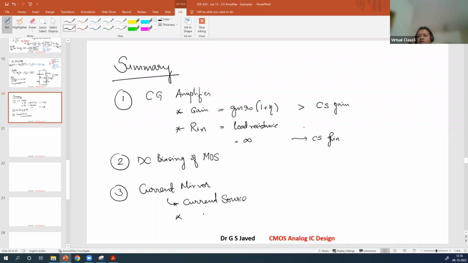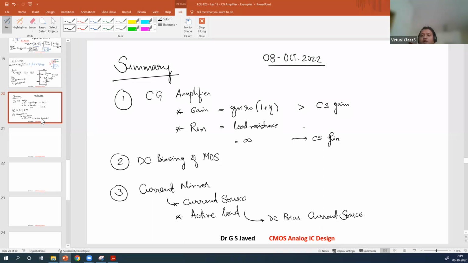And how we can use this current source to be an active load, and how do you DC bias the current source. Right? So this is the summary that we learned on 8th of October. So hope you will relook into this lecture and read back.